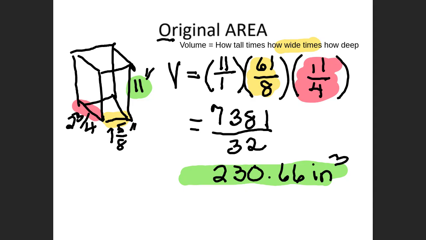We need to find the new volume. Remember, the vice president is going to take this box and subtract 1/2 from each side of the box.